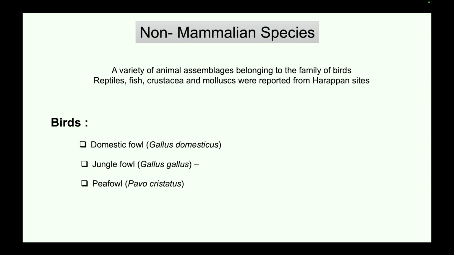Like in bird category, domestic fowl, it is Gallus domesticus, jungle fowl, it is Gallus gallus, and peafowl, it is Pavo cristatus. Crustacea are invertebrate animals belonging to the subphylum Crustacea within the phylum Arthropoda, for example, crab, lobster, shrimp, and barnacle.